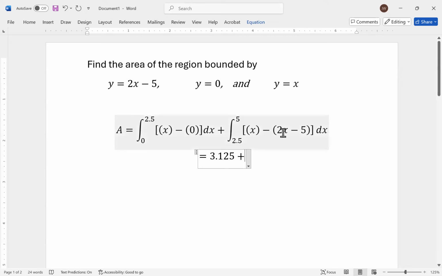If you want to distribute and combine, that would give you negative x plus 5. And it turns out I get 3.125 for that section as well. And so that means the total area is 6.25 when I add those together. So the total area of the region bounded by these three curves is 6.25.